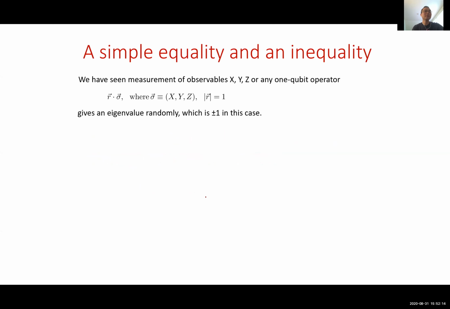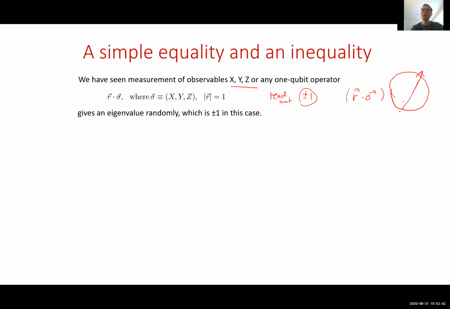So to discuss the Bell inequality, let me remind you that when we perform measurement on these Pauli operators, if we perform measurement, we always read out plus and minus 1. And it also holds true if you really just rotate along any point in this Bloch sphere.